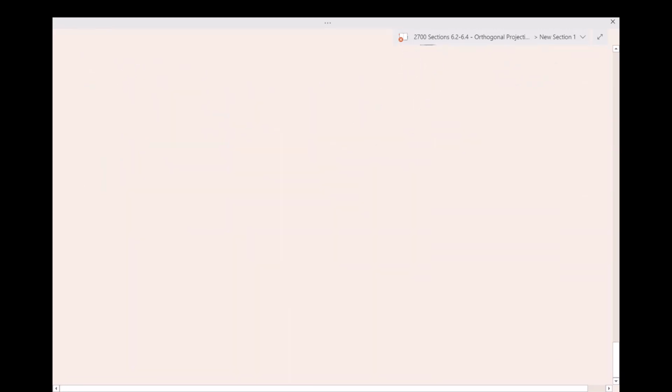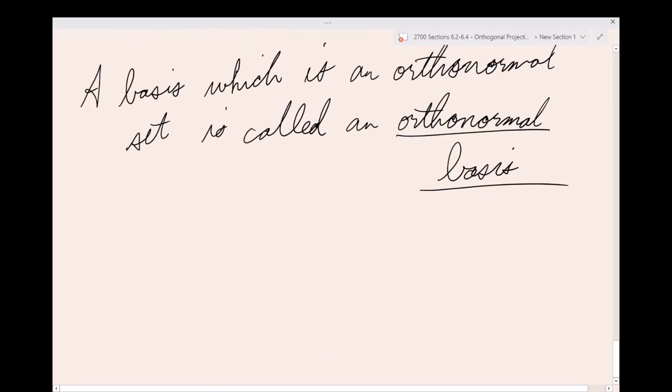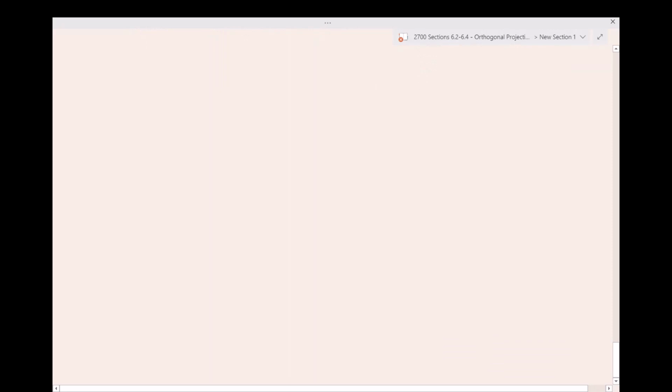So anyway, on our way to learning how to find such things, first let's say, how do I check if a set's orthonormal? Note, use columns. So same trick as for the orthogonal.